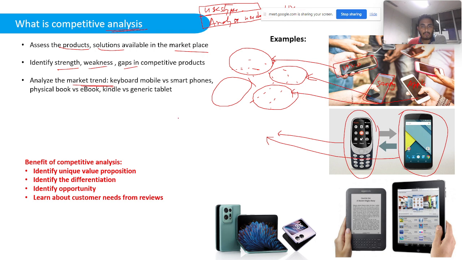So what happened to Nokia in 2010-11 is that they did not consider that there could be a change in the market space in terms of new design arrival, or new functionality arrival.